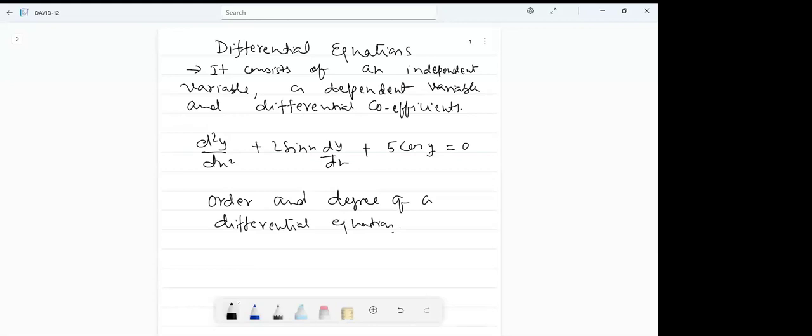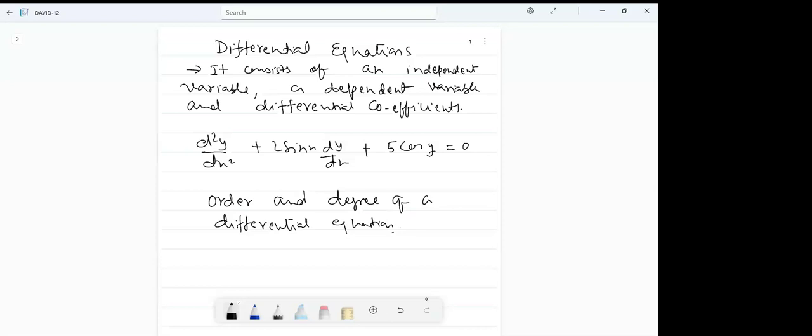If this is the second order derivative, d2y over dx square, we can say this differential equation is of order 2. So the order of a differential equation is the order of the derivatives. In any differential equation, suppose we have the third order derivative d3y over dx cube, then the order of the differential equation is 3.